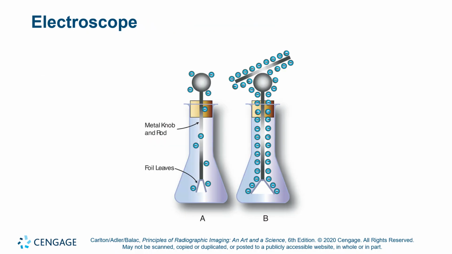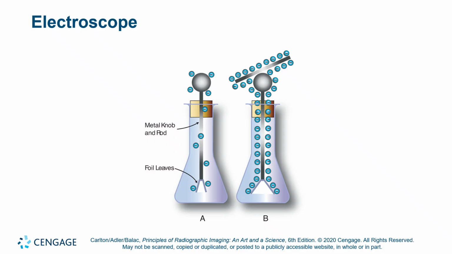All right. And then the electroscope is a simple device that we can measure the amount of charge built up by capitalizing on the electrostatic repulsion. And we do have an electroscope here at the school, and I will be able to incorporate it into the live Van de Graaff demonstration.